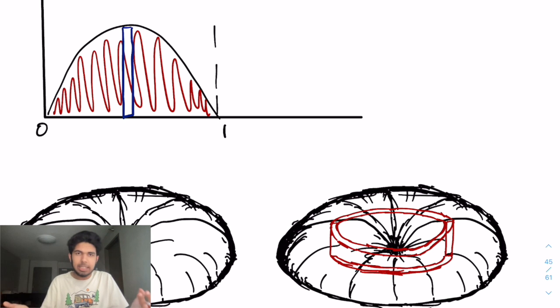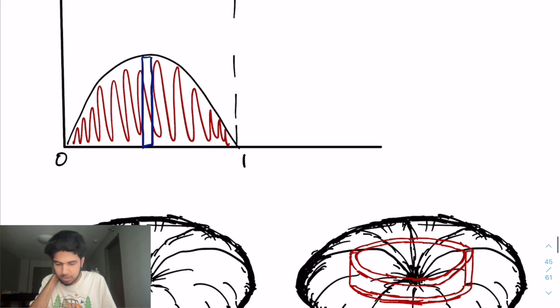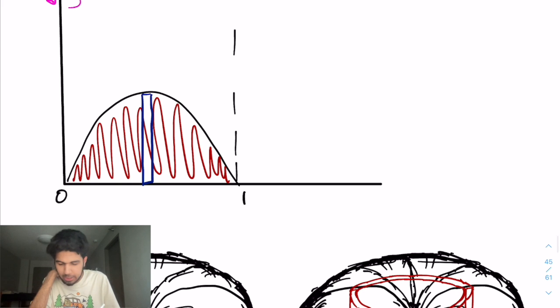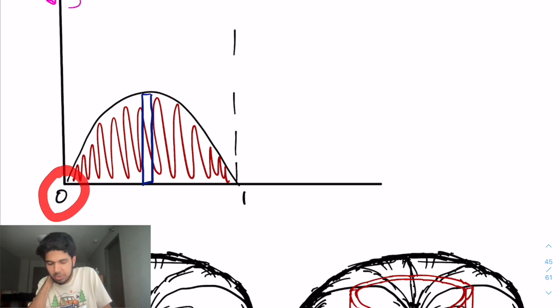Well, we're going to be using that 2 pi r h, but the radius is this right here, which seems to be the distance from this sink point to the edge of the rectangle, right? So an analogy here would be this distance here, because we know 0 will be the sink point.